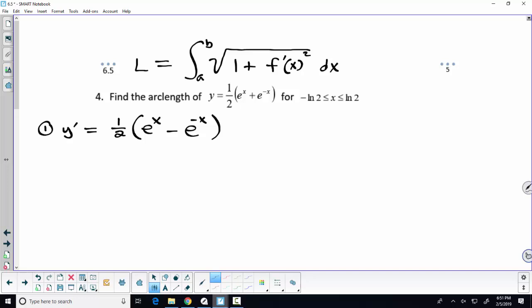Then second step is to square. Square both of those.